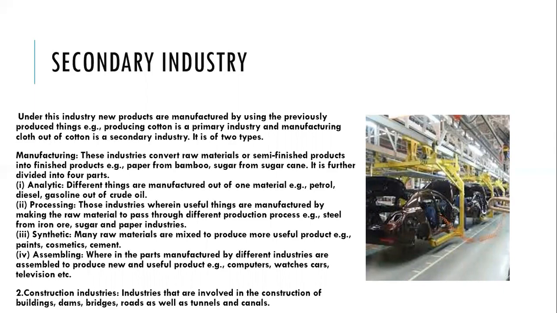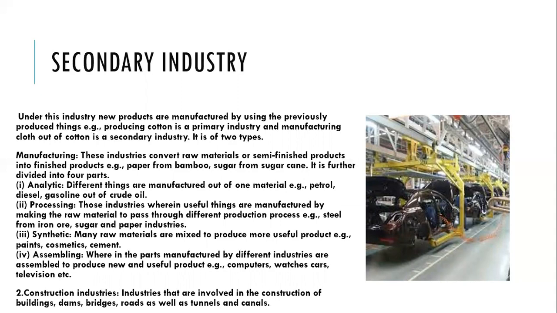Now again, secondary industry can be classified into four parts. The first one is analytical. In analytic industry, different things are manufactured out of one material, like petrol, diesel, gasoline. All these products are coming from crude oil.